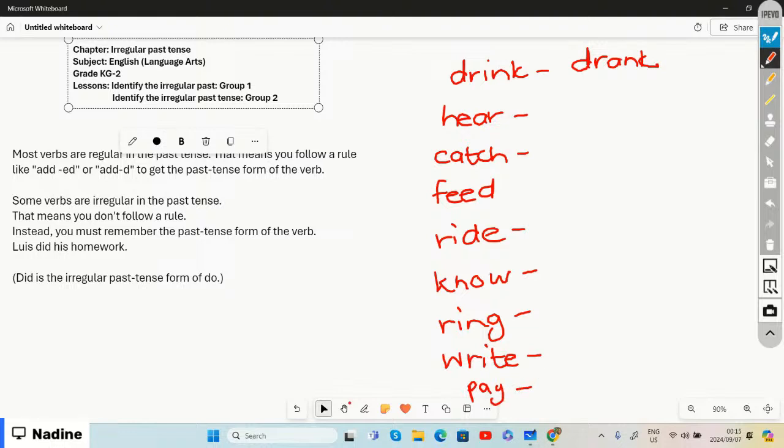What is the past tense of these words that I have on the screen? We need to find the past tense forms of those words.